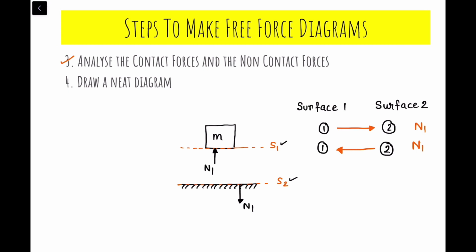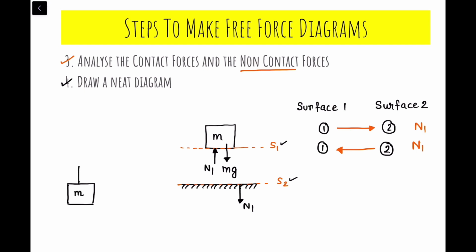Now we have to identify the non-contact forces. The non-contact force here is the weight of the body, which always acts downward, mg. So we have followed step 3. Let's see step 4: we have to draw a neat diagram. If I draw a neat diagram of the individual bodies, this is mass m.